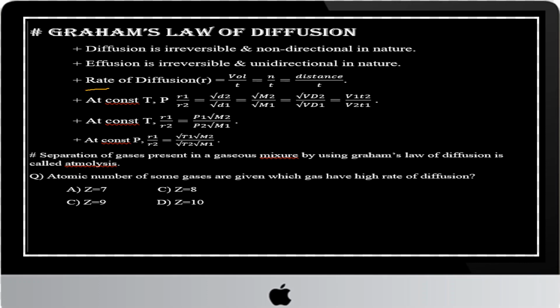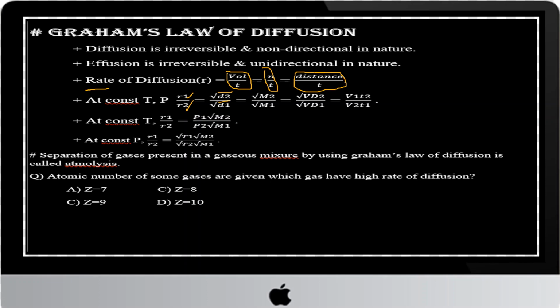That's rate of diffusion R is given by volume at certain temperature, number of moles by time, moles by time, volume by time, distance by time. This is the rate of diffusion. At constant pressure and volume, the ratio of two rates of diffusion is given by root over d2 by root over d1.